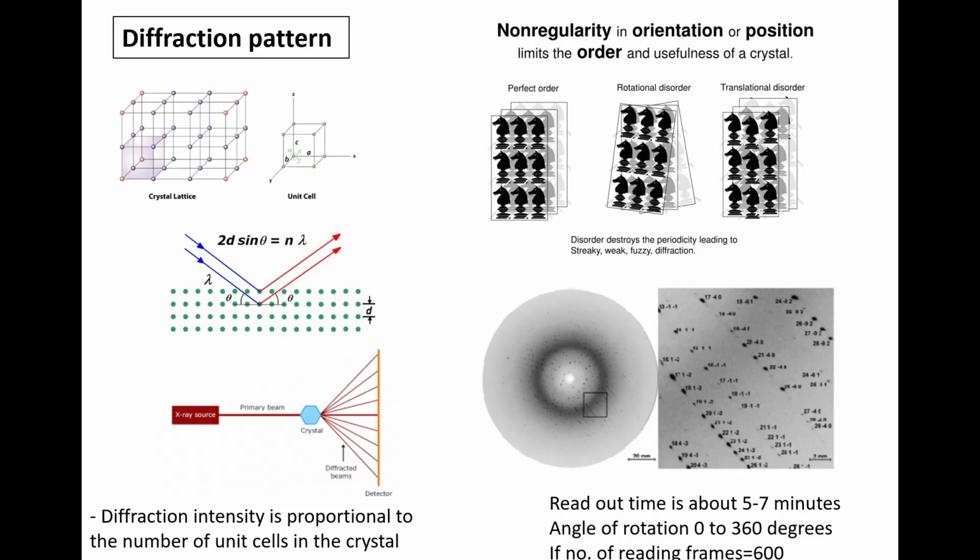You need to send it to France, Italy or Germany, where they have a synchrotron, to get a high resolution structure. But if your crystal has certain defects and you send it abroad, that will be a waste of your money as well as your resources.